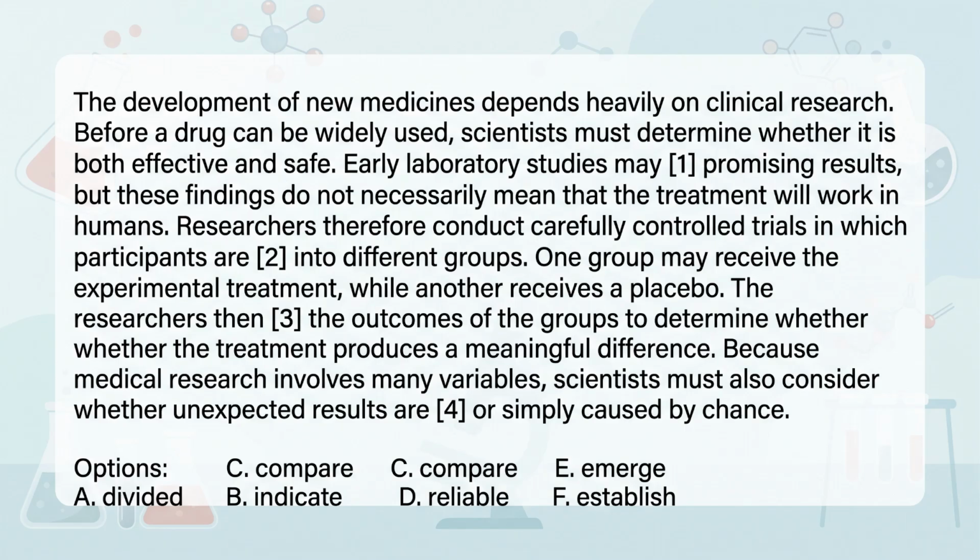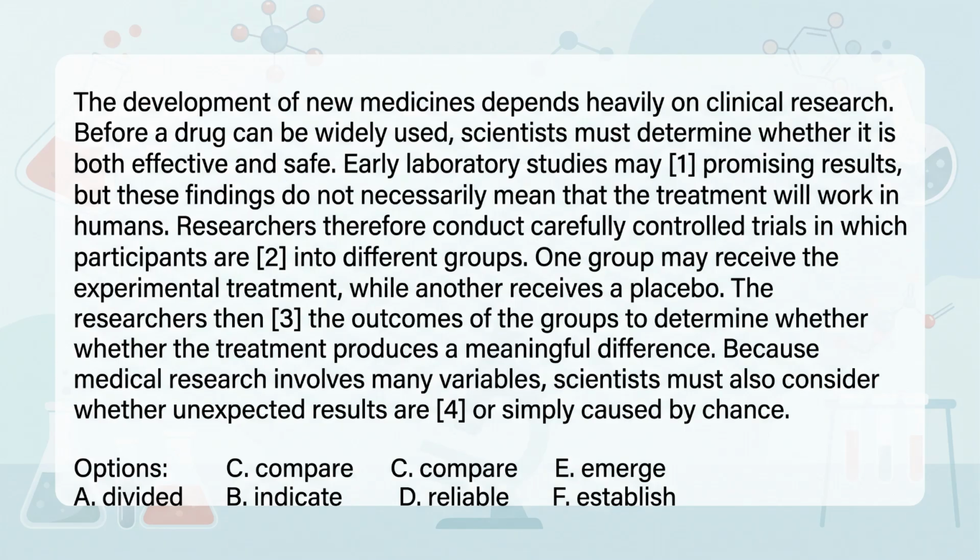Now for the final sentence of this passage. Because medical research involves many variables, scientists must also consider whether unexpected results are blank for or simply caused by chance. Notice the stark contrast here. We are actively weighing results that happen randomly by chance against results that are solid and trustworthy.